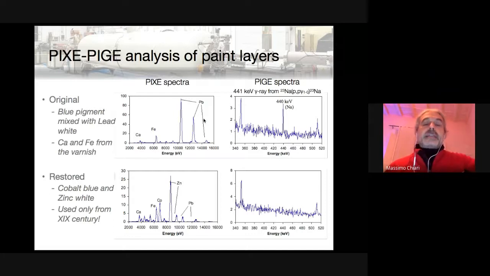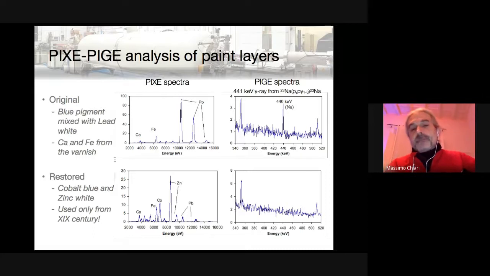So you see here an example of a blue pigment, and the light blue being lapis lazuli is identified by the presence of sodium, with respect to another blue point where sodium was not present, and you see also X-rays from cobalt and zinc, meaning that this was a restored point, not an original one.